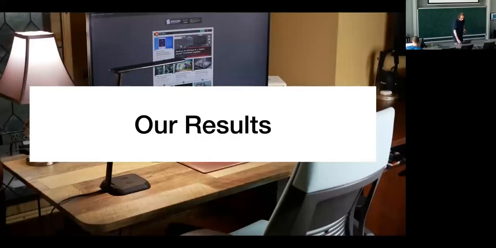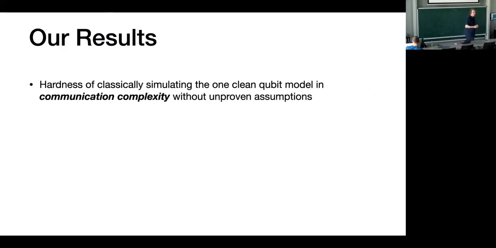Now, we would like to do without these two assumptions. And where can we show separations between different complexity parameters? Well, we can do so in communication complexity, right? So our goal is to show hardness of classically simulating a communication model with the one clean qubit restriction and not using any unproven assumptions.